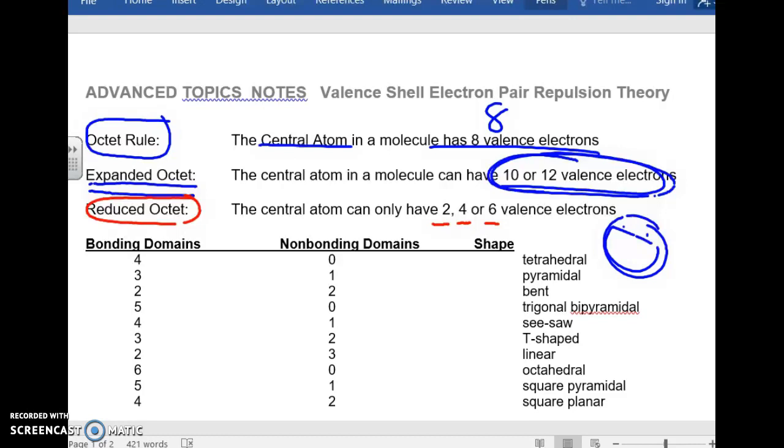Once you draw a shape, for example, I drew water a moment ago, and when I do a count, I see that I have 2 bonding domains, 1, 2, and I have 2 non-bonding domains.